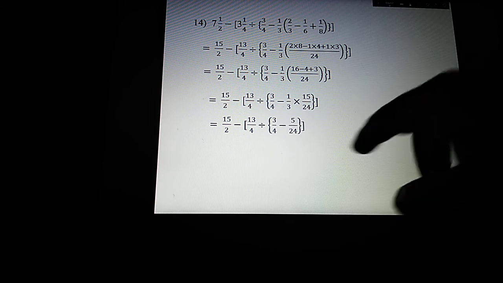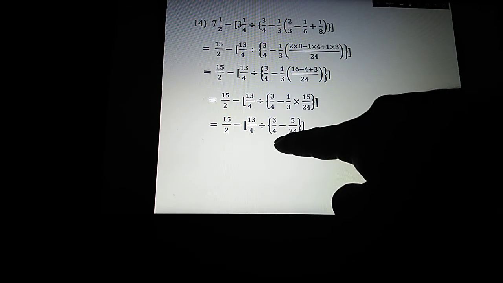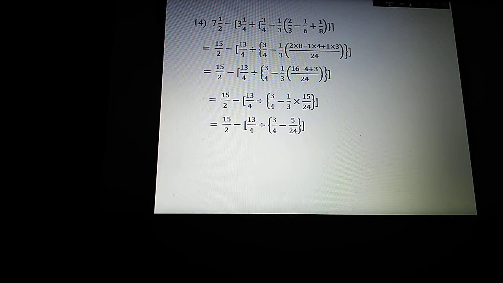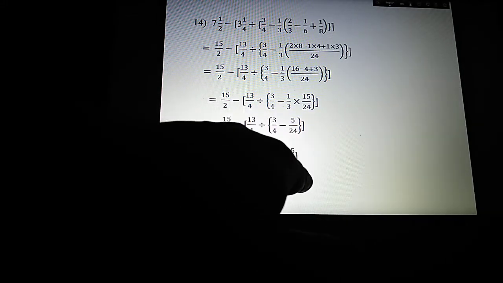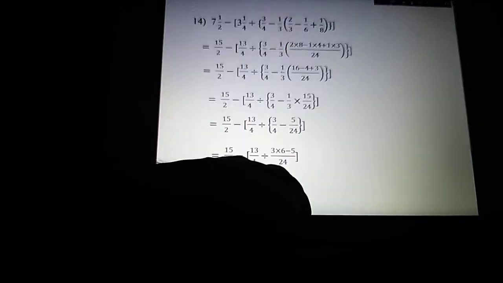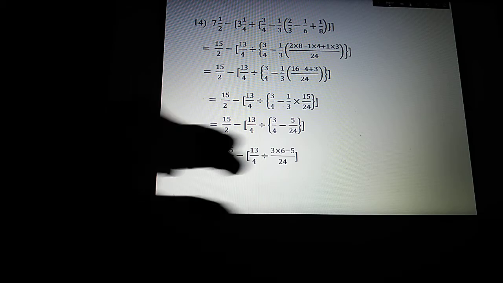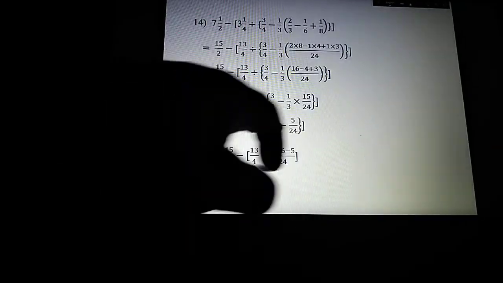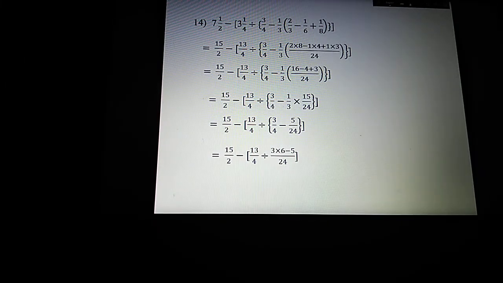Now we have to subtract 5 by 24 from 3 by 4. We know the procedure of subtraction of fractions. So at first we have to find the LCM of 4 and 24. LCM of 4 and 24 is 24. That's why 4 6s are 24, 3 into 6 minus, 24 ones are 24, 5 ones are 5, we don't show it, we write 5 directly.